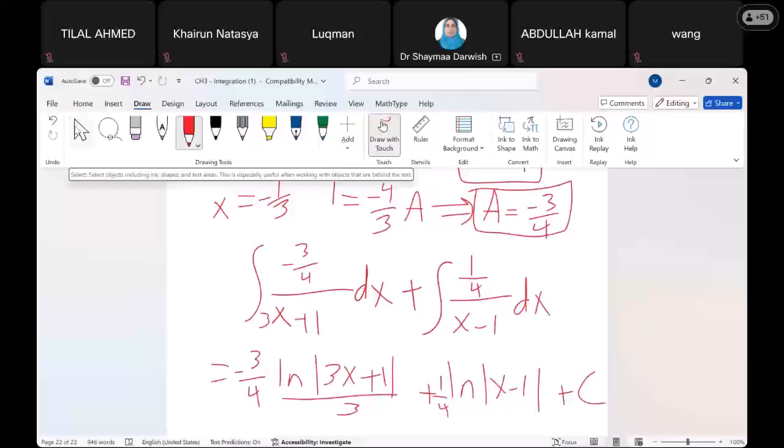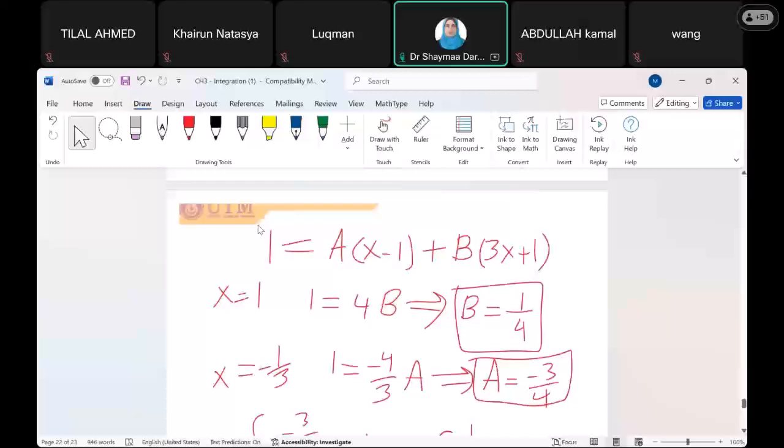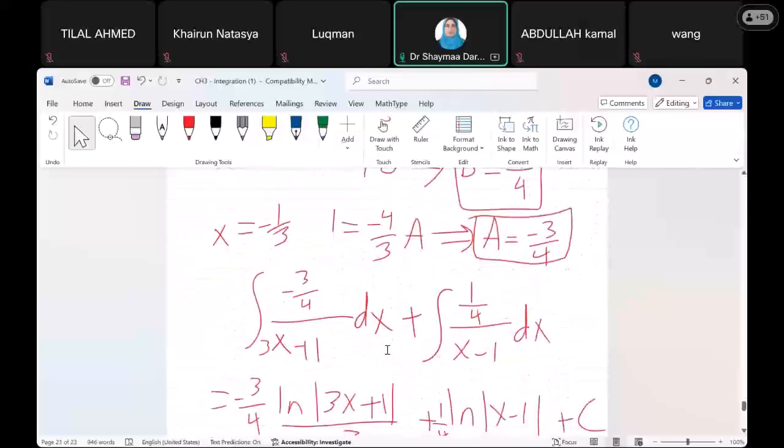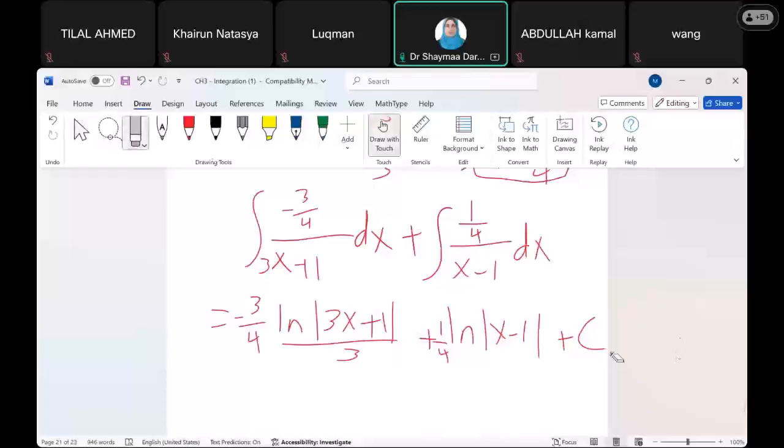Plus constant. Oh, no, not plus constant, sorry. This one, integration from minus 2 to minus 1.